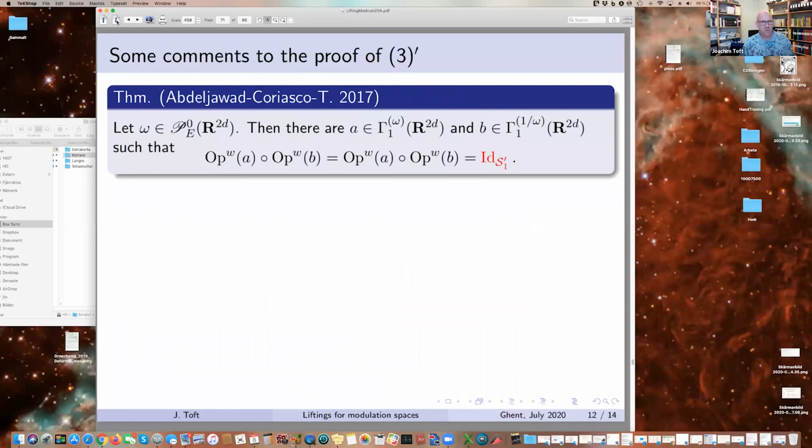Okay, so how to do that? This is now a big theorem we need to try to review. And I will of course not present the whole proof, I will only present some steps here, some ideas that we followed.